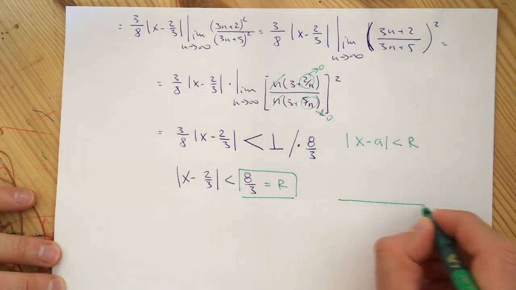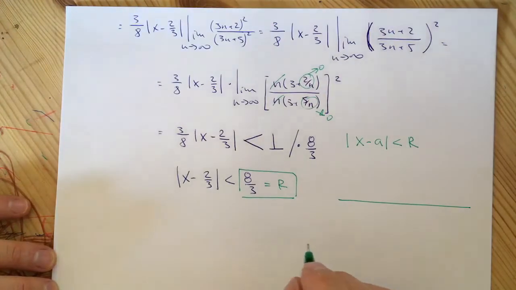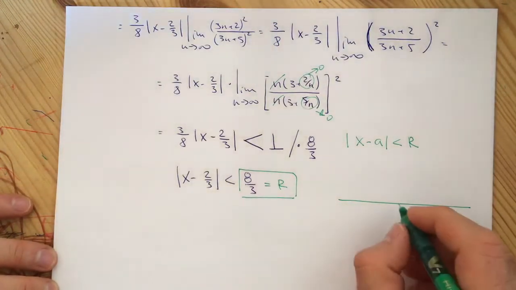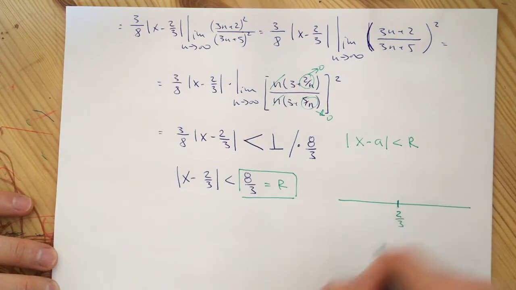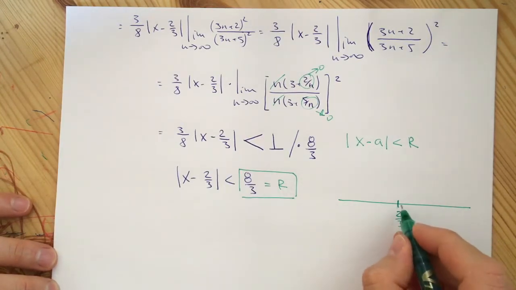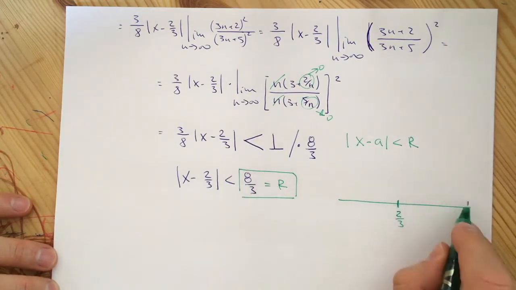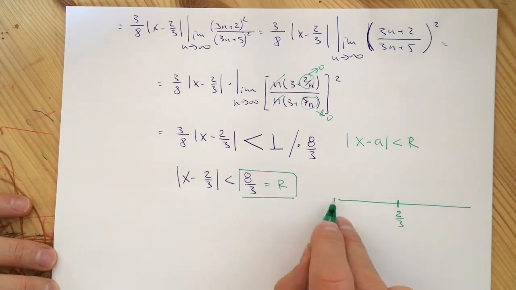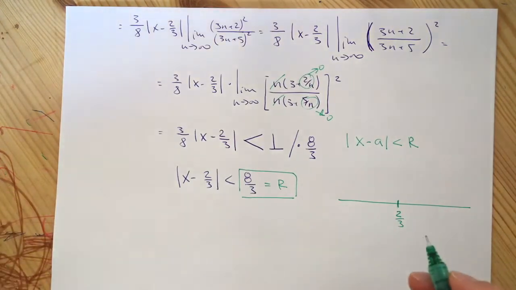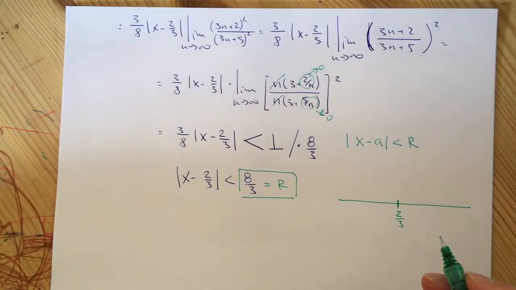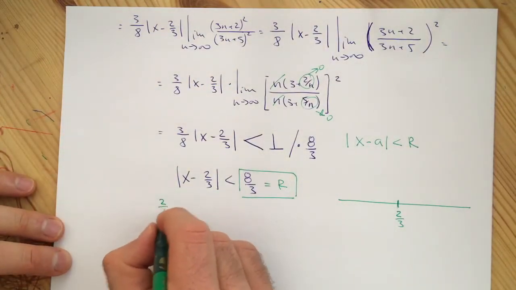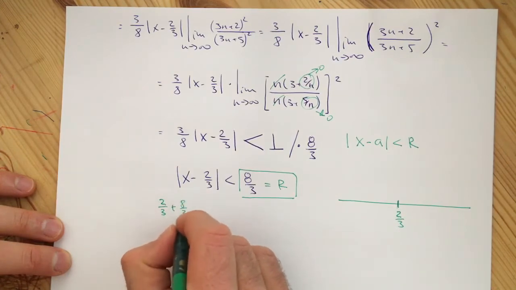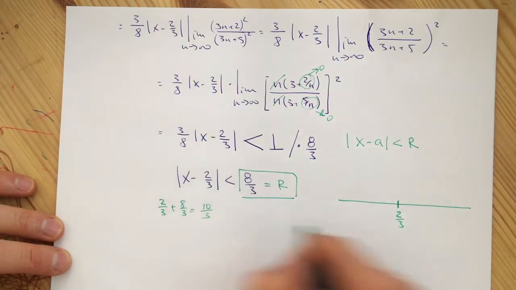What does that mean? This gives us the interval of convergence that's centered at 2 over 3. We're going to go 8 over 3 units to the right and 8 over 3 units to the left to find the interval of convergence, without the knowledge of what happens at the endpoints. So 2 over 3 plus 8 over 3 is equal to 10 over 3.